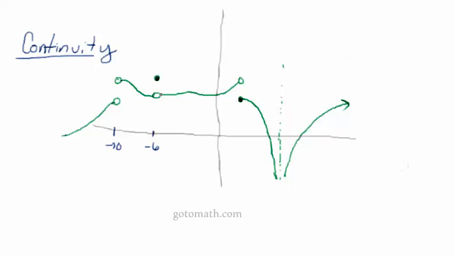Now I go along the line here, and once again I've got to pick up my pencil to get to the other side, then it's not continuous. We'll say that's 2 right there, so it's not continuous at 2.